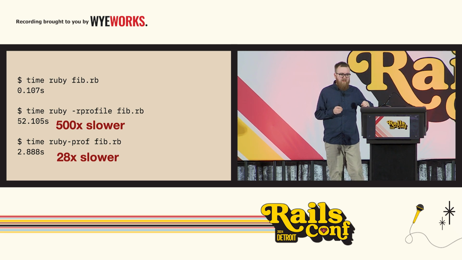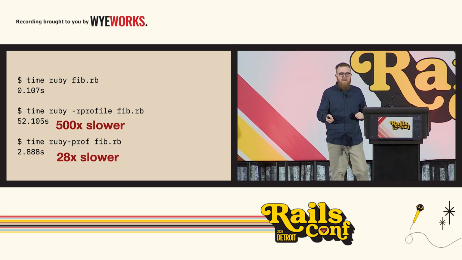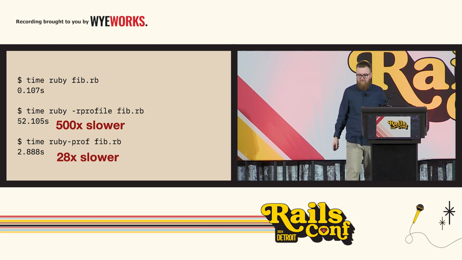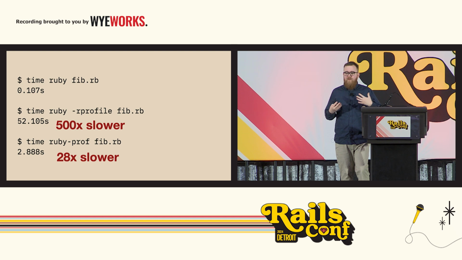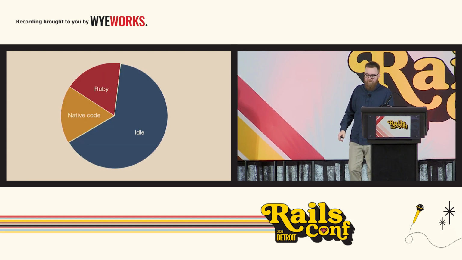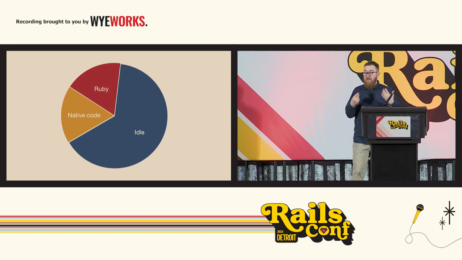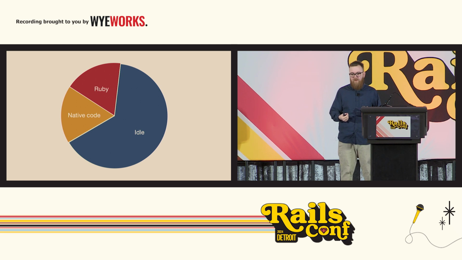The other problem is that when something is 28 times slower, we're not measuring the same program. That's going to affect the results we get from the timing. And worse than that, this doesn't slow down the program in a consistent way. So a Ruby program's a mix of things. Some of the time is spent executing Ruby code.